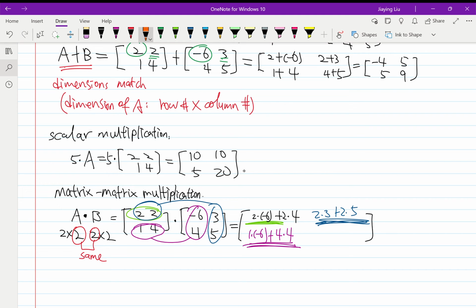And then we can take the same row, the second row, and multiply with the second column of B. That will give us the second row, second column entry. So that will be 1 times 3 plus 4 times 5.